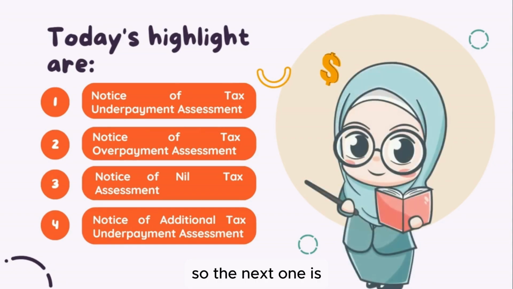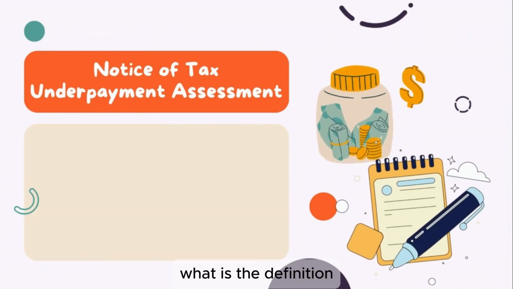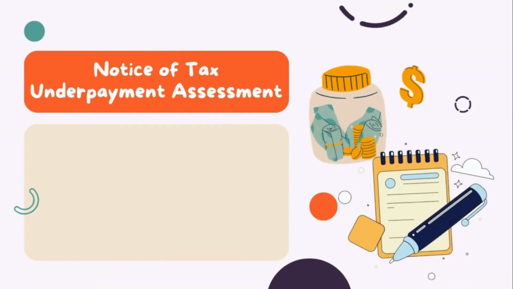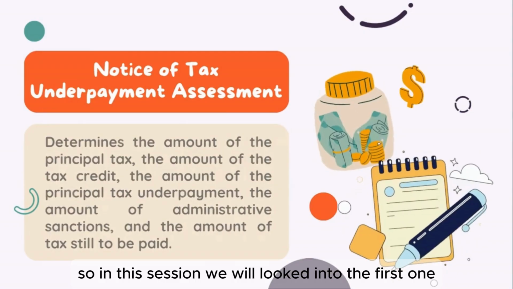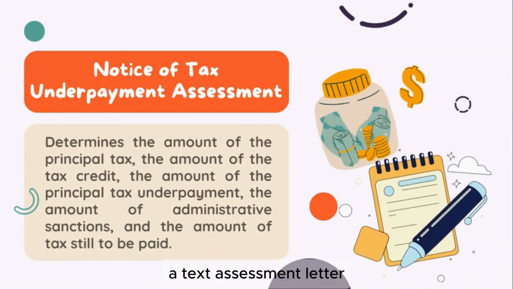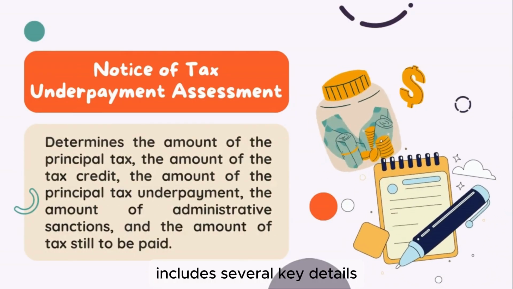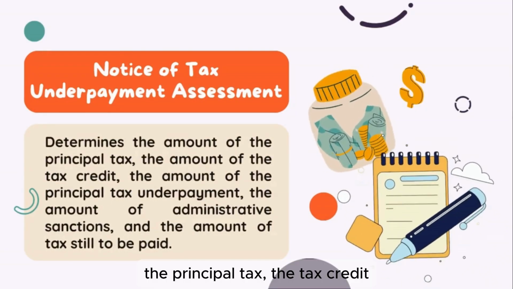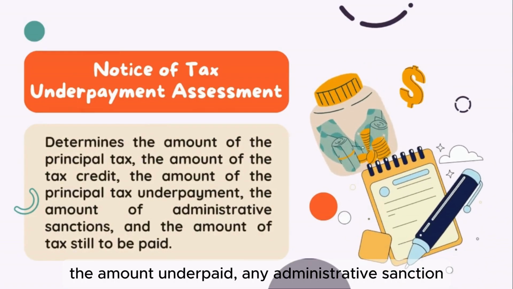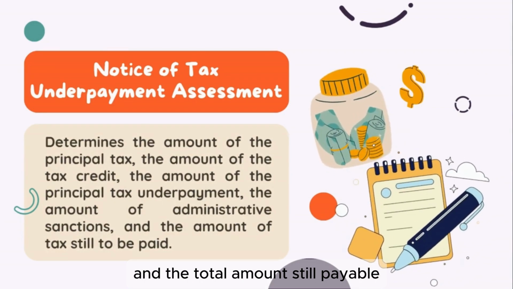So, the next one is, what is the definition of Notice of Tax Underpayment Assessment? In this session, we will look into the first one. A tax assessment letter includes several key details: the principal tax, the tax credit, the amount underpaid, any administrative sanction, and the total amount still payable.